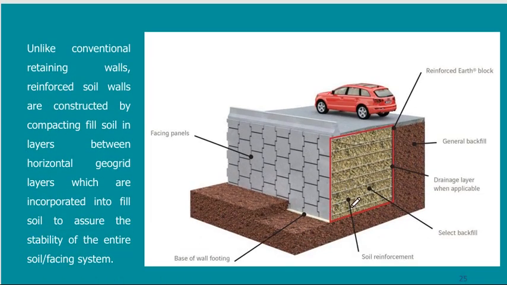This is a very, very good presentation. These are the facings of the wall. Of course, they are very decorative. So they are the facing panels. These are the reinforcing elements.